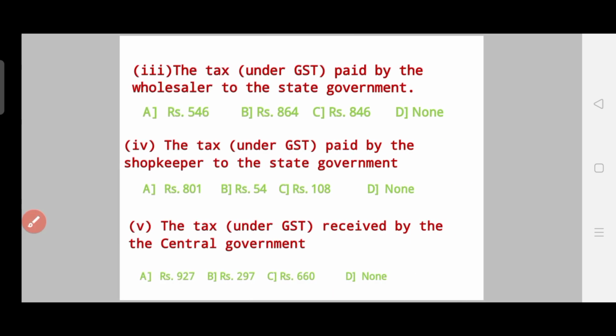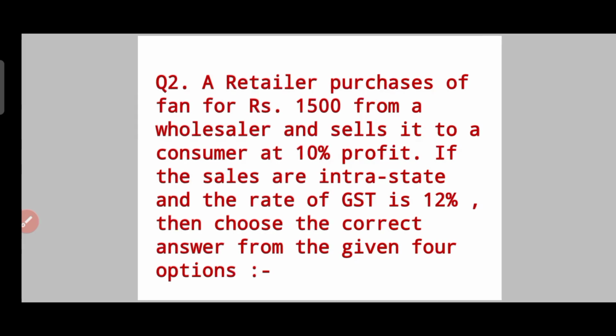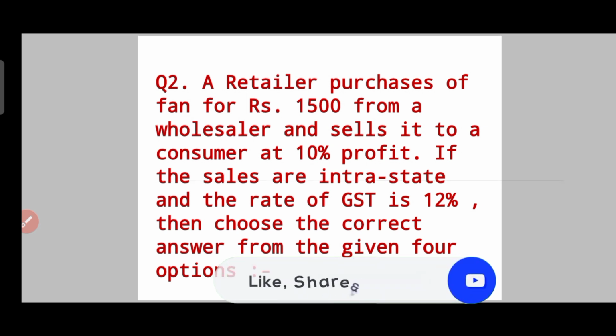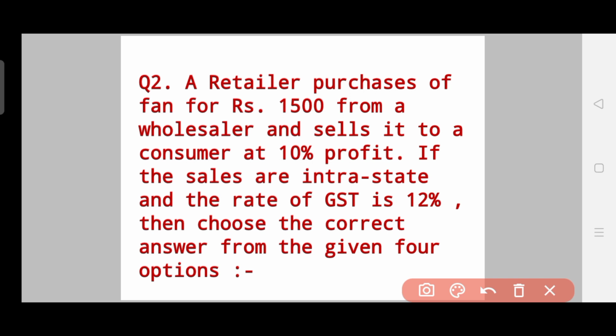So let us take one more example so that you can get crystal clear about this. Here is the second question. Let me read it. A retailer purchases a fan for rupees 1500 from a wholesaler and sells it to a consumer at 10% profit. Now if the sales are intra-state and the rate of GST is 12%, then choose the correct answer from the given four options.